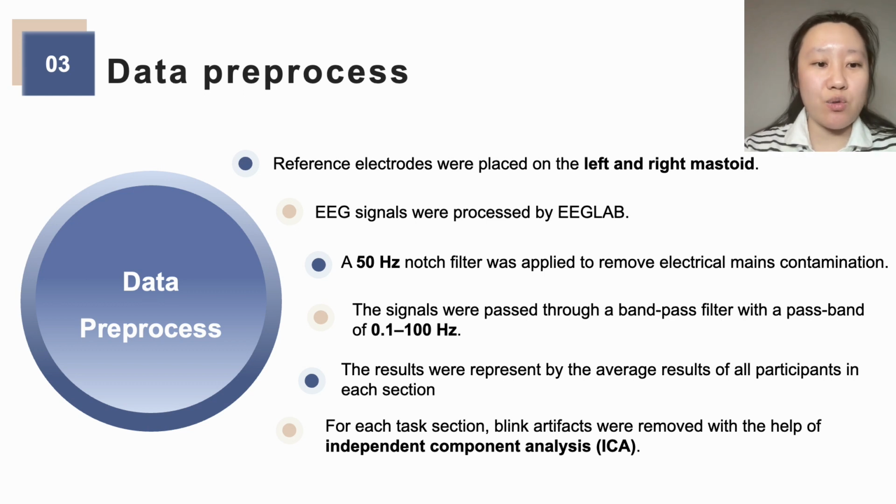And then the signals were passed through a bandpass filter from 0.1 to 100 Hz. The result was represented by the average results of all participants in each section. And for each task section, because we have two, one semantic memory and one episodic memory, the blink artifacts were removed with the help of ICA.